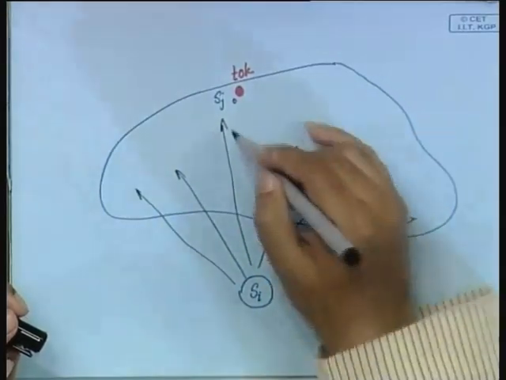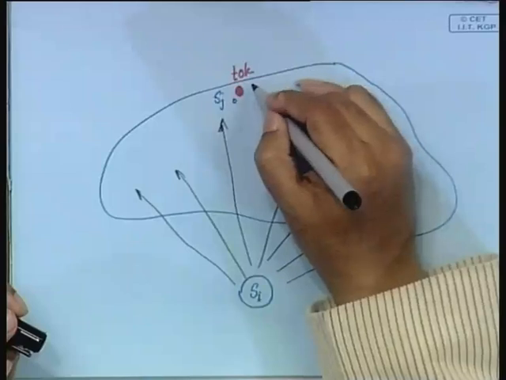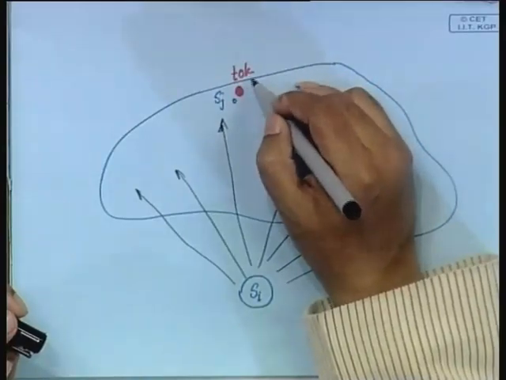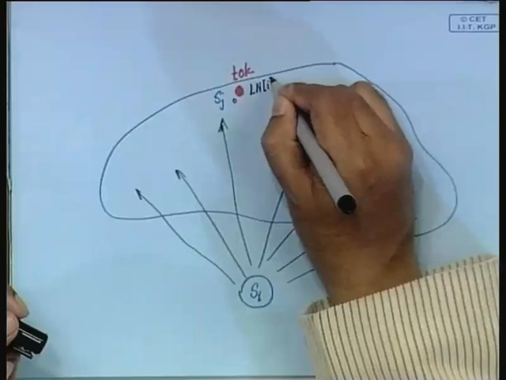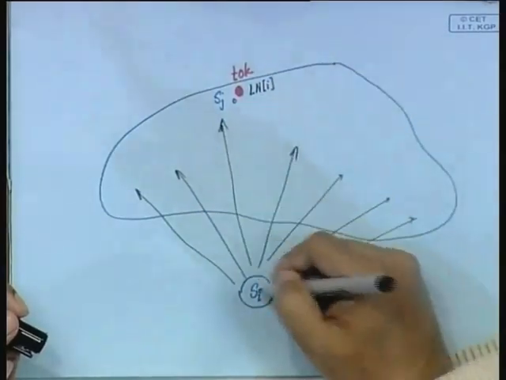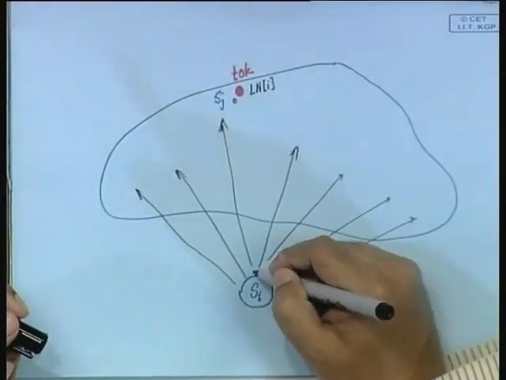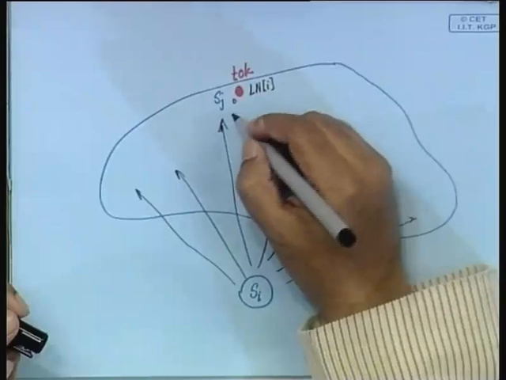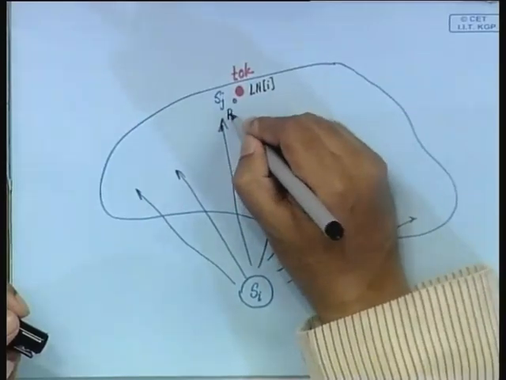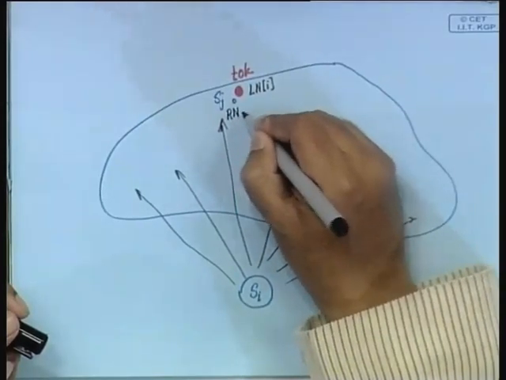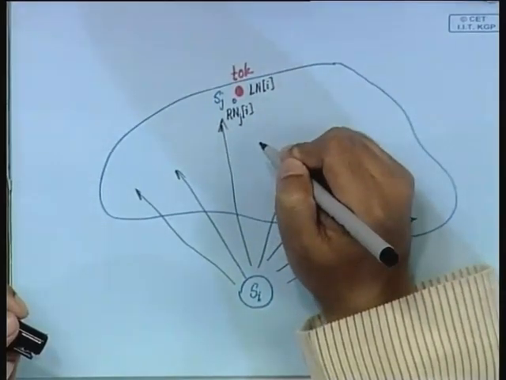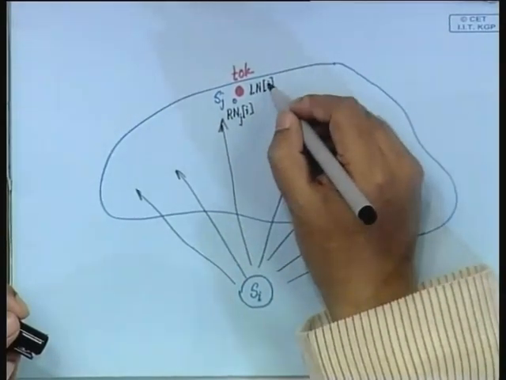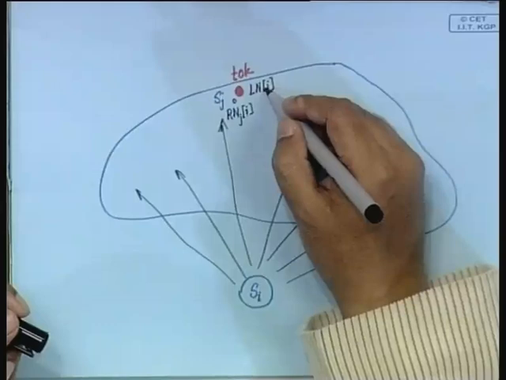Why? Because Sj will see that the LN[i] value at the token is 1 less than this one, because this is a new request. So, it will see that RN[i] at j is 1 more than LN[i].